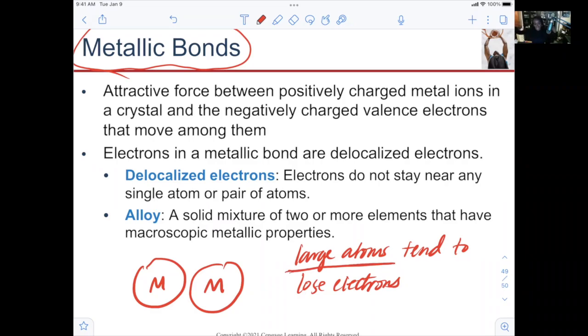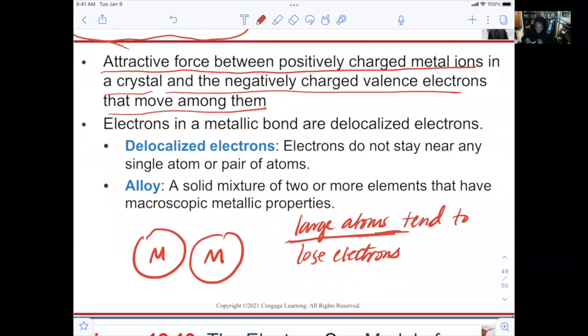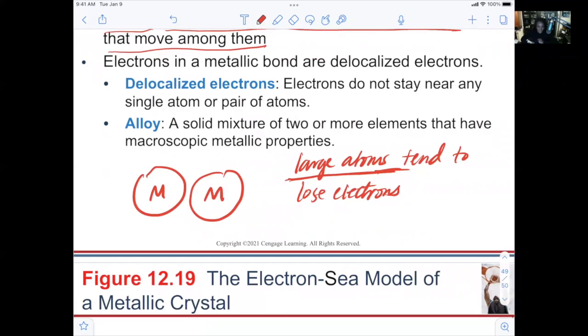So each metal in the metallic bond gives up its electron. Why? That's what they do when they're large. So, attractive forces between positively charged metal ions in a crystal and negatively charged valence electrons that move among them. Essentially, this is them before, okay?